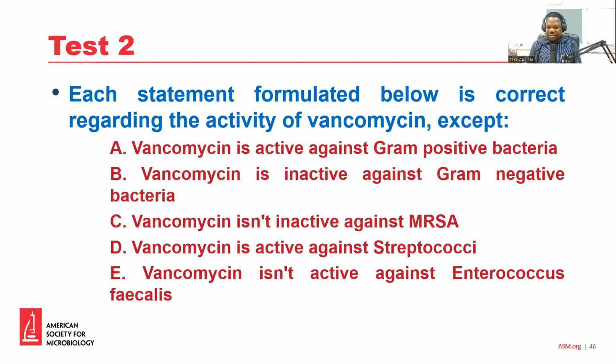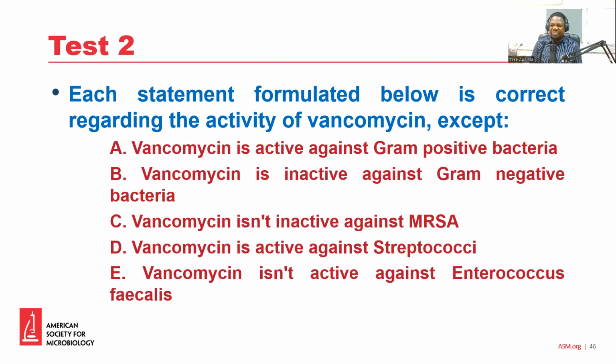The second one, vancomycin is inactive against gram-negative bacteria. This is also true. Remember, vancomycin is a large molecule and gram-negative bacteria are intrinsically resistant because they have an outer membrane that covers their peptidoglycan layer.